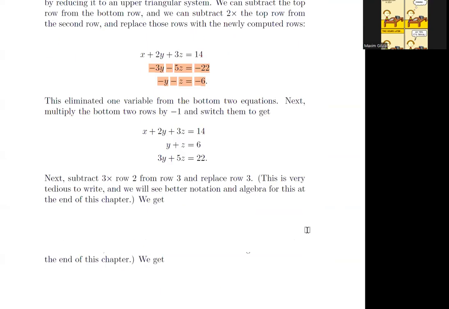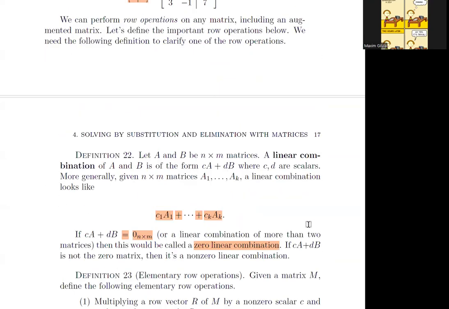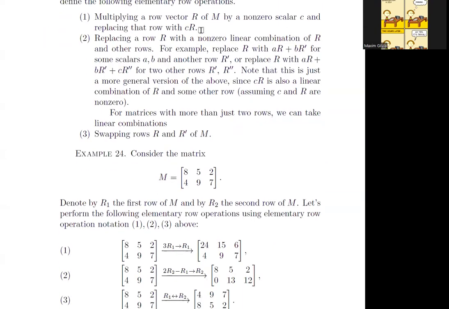So let's go back to row operations. We multiplied a row vector by a non-zero scalar and replaced that row with that multiple. So we replaced R with CR. More generally, we could replace a row R with a non-zero linear combination of R and other rows. For example, you could replace R with AR plus BR prime for scalars A and B, or replace R with AR plus BR prime plus CR double prime for some other rows, R prime and R double prime.